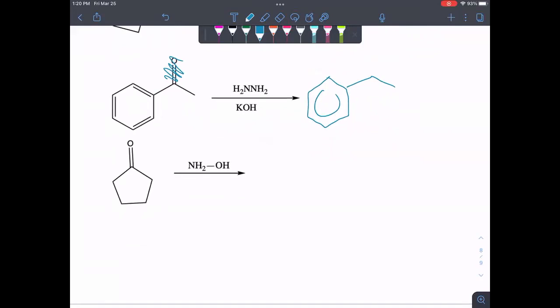Okay, so the last one on this page, what's the reaction? Yeah, oxime formation, and it's the exact same deal. Cut off the H2, cut off the oxygen, put the amine group where the oxygen was. And then the final functional group is called an oxime.